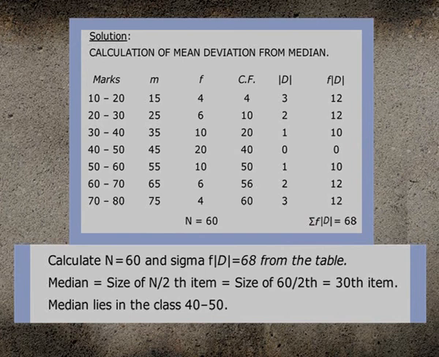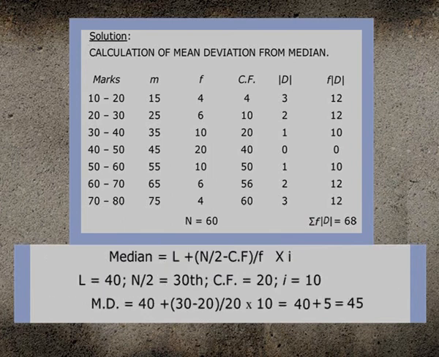We see that median is again the size of N divided by 2th item. So that is the size of 60 by 2th item, that is equal to 30th item. Median lies in the class 40 to 50. Now we have a formula to calculate median in this case. Median is equal to L plus ((N by 2 minus Cf) divided by f) times i.